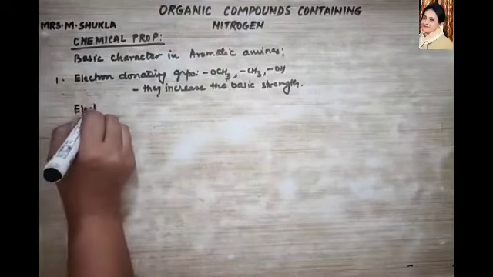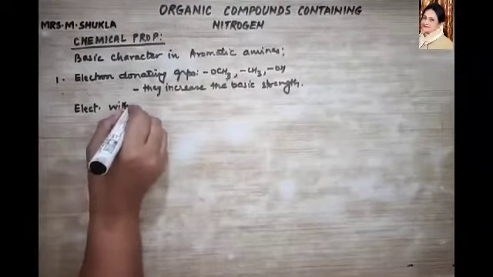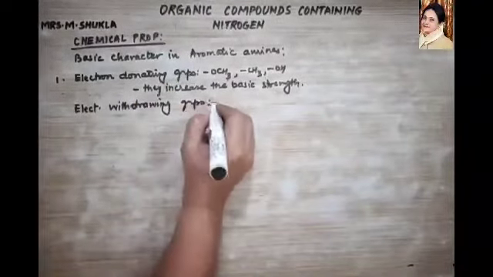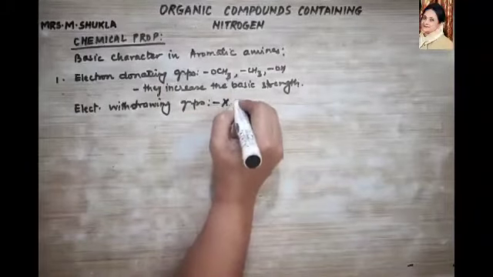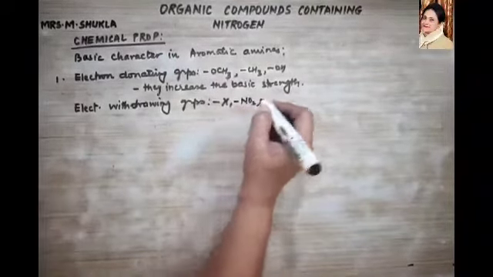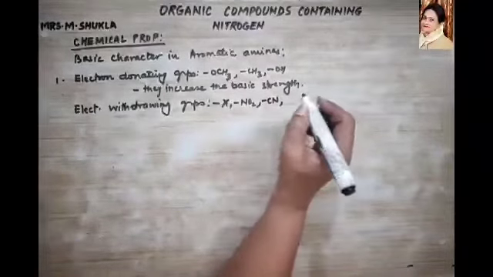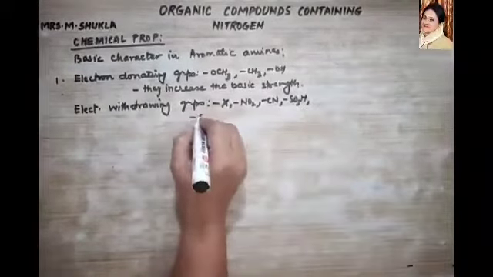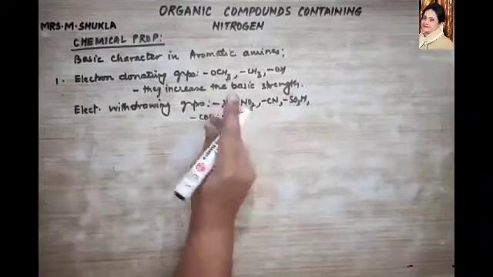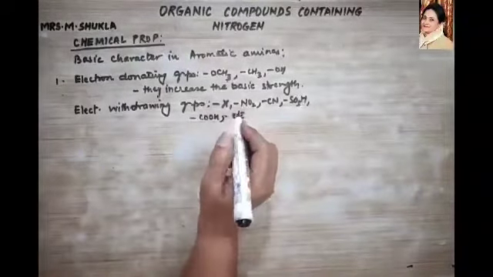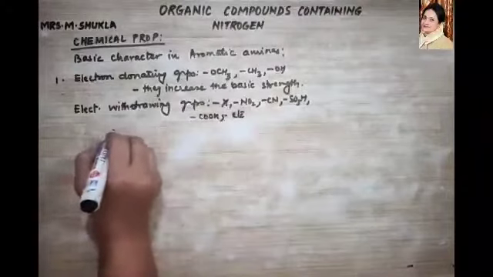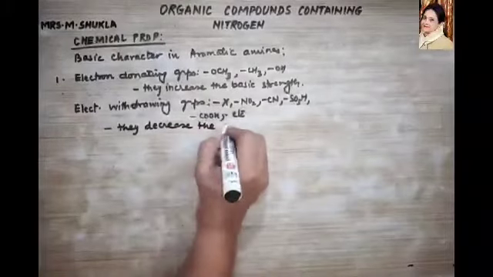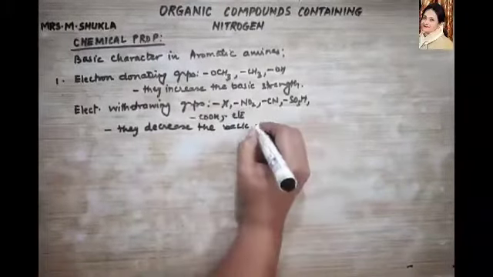Let's take certain examples: X, the halogen, or NO2, or CN cyanide, or a sulfonic group, or a COOH group, etc. To understand, they always decrease the basic nature or the basic strength.